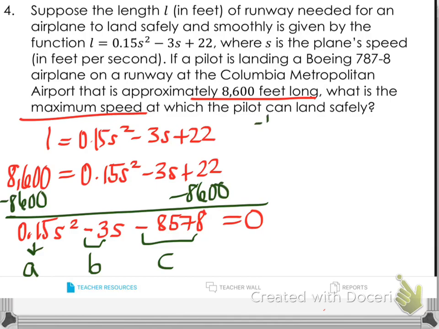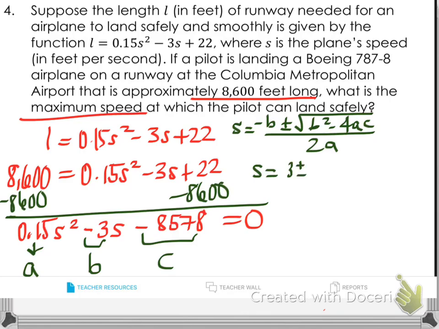Remember, our formula is negative b plus or minus the square root of b squared minus 4ac, all divided by 2a. And that's going to be what s is equal to. So s is equal to the opposite of b. B is negative 3. So the opposite of negative 3 is 3.